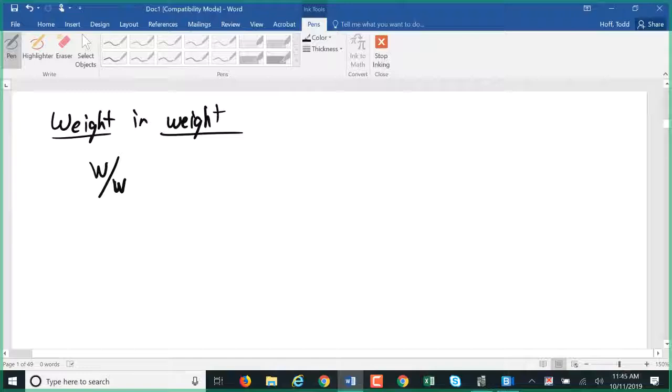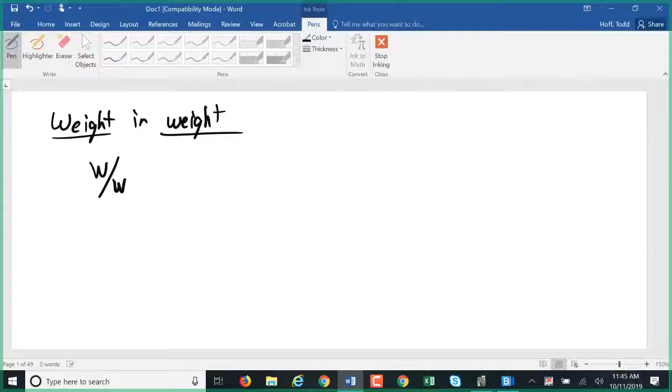In the standard system, we really use weight, our drops, our grains, and all that. In the metric system, which is pretty much everything we're going to use, really the units we're using is mass. So we really should change this terminology to be mass in mass concentration. But weight in weight was the traditional wording and we just kept it.